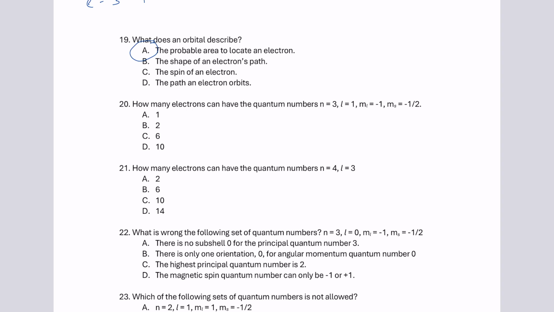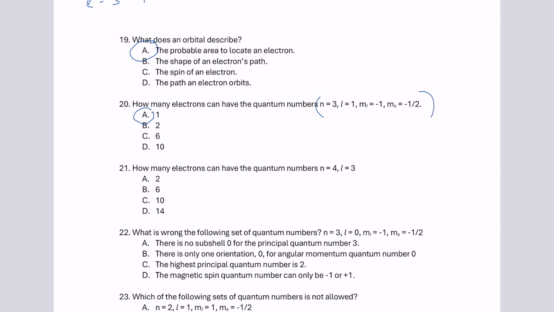As we discussed in lecture, a set of 4 quantum numbers uniquely describes just one electron. So no 2 electrons in an atom can have the same exact set of 4 quantum numbers. This is stated in the Pauli exclusion principle. Therefore, the correct answer here is A. Only 1 electron can have this set of quantum numbers.